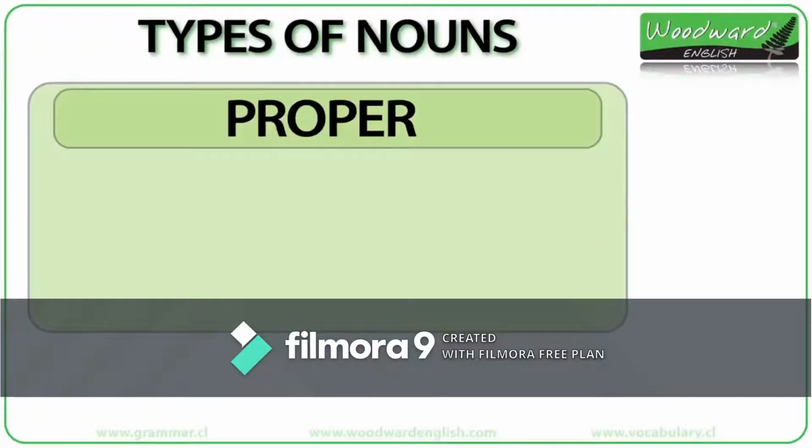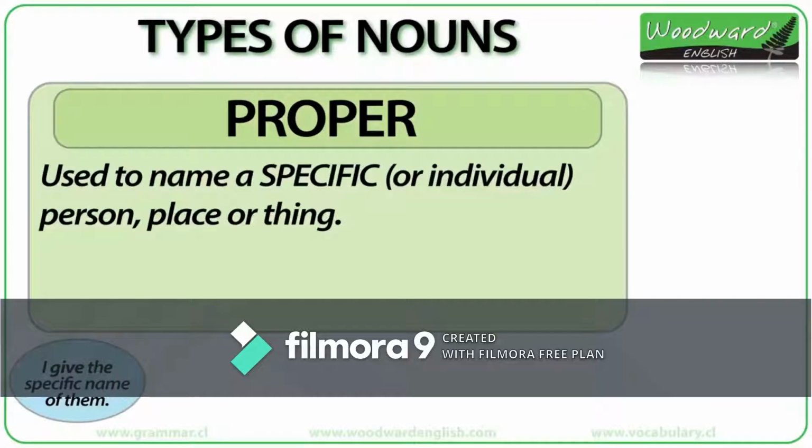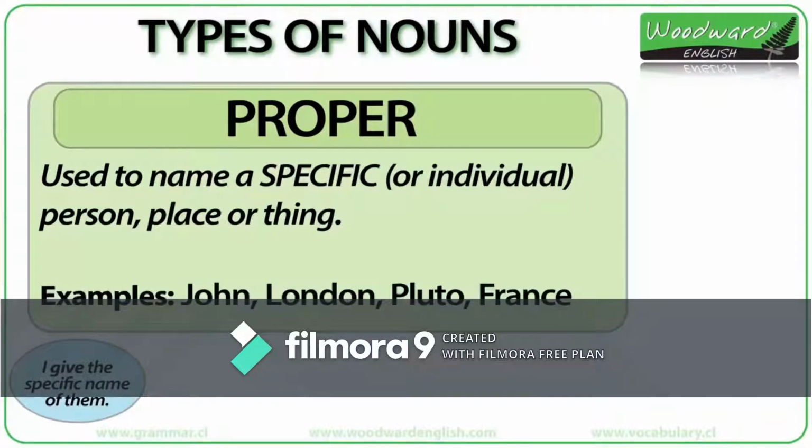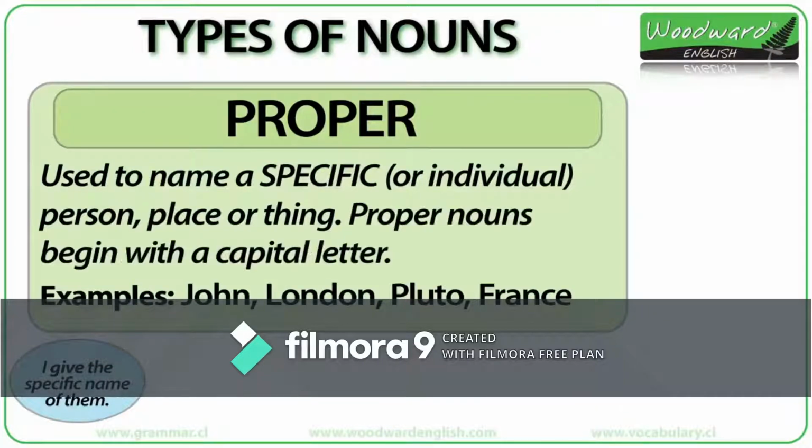Proper nouns. Proper nouns are used to name a specific or individual person, place, or thing. Examples of proper nouns are John, London, Pluto, France. Notice that in English, proper nouns begin with a capital letter.